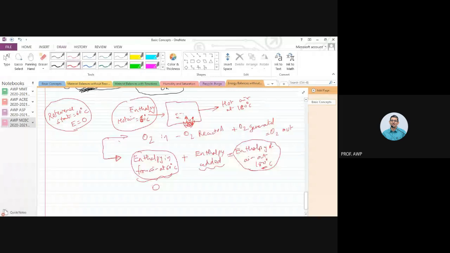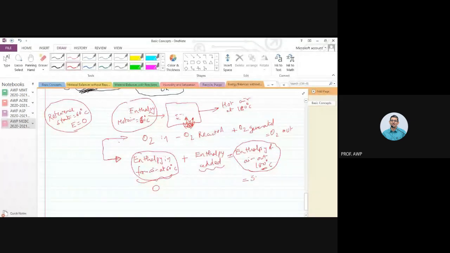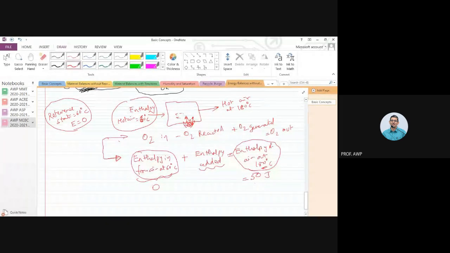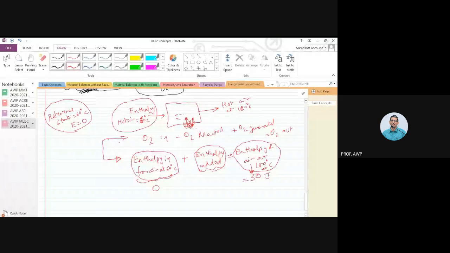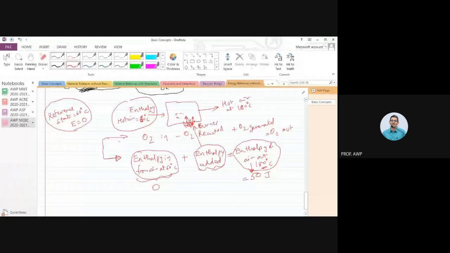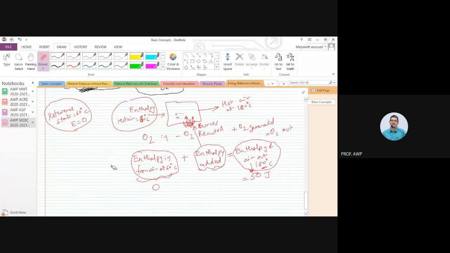And we say this enthalpy is 50 joules and enthalpy going out is 50 joules. So then we can say I must have added 50 joules of enthalpy by way of combustion or by way of this burner. So we would need to write enthalpy in terms of absolute units, in terms of some quantity.